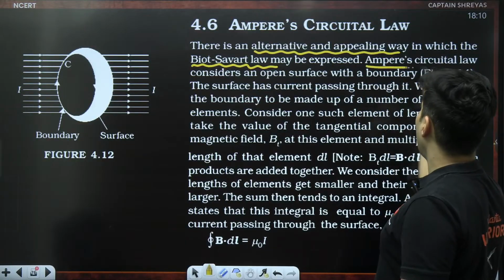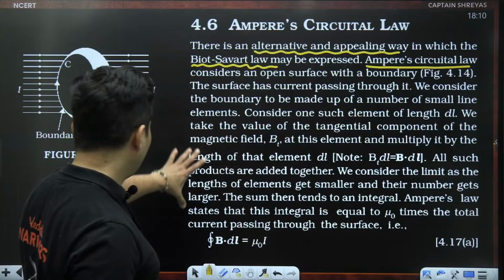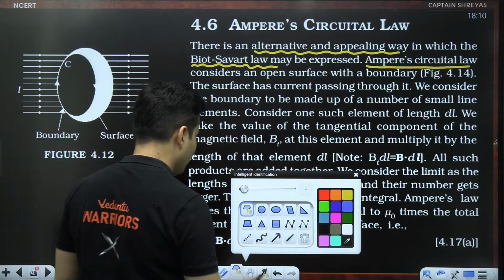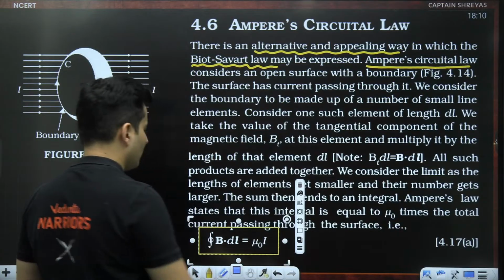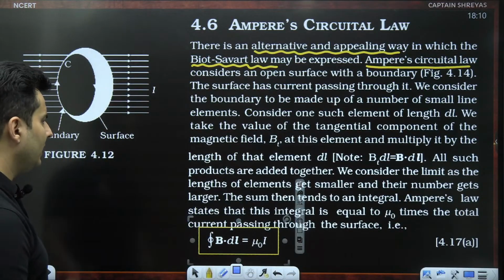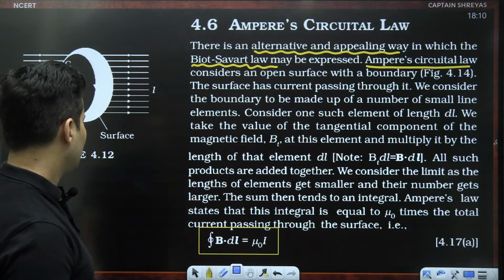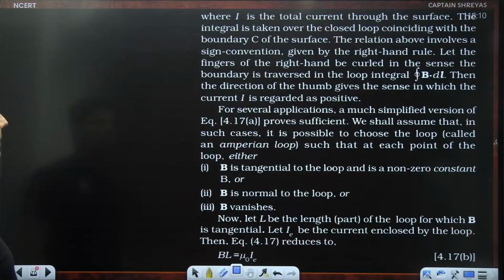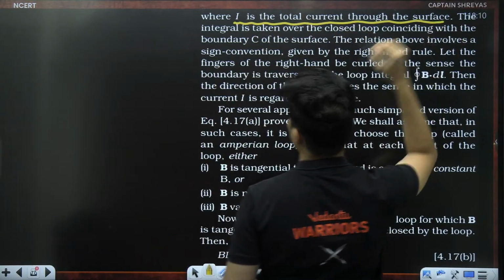Therefore, you use Ampere's law. Okay, and they have explained what the elements are, and finally they have given Ampere's law right over here, which is the integration of B dot dl equals mu naught I, where I is the total current through the surface.